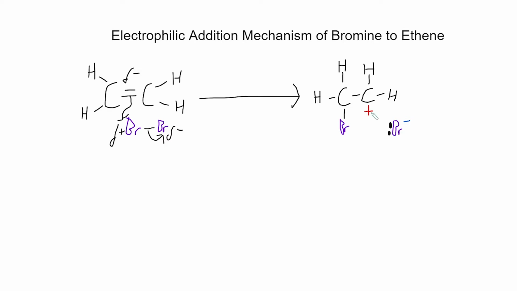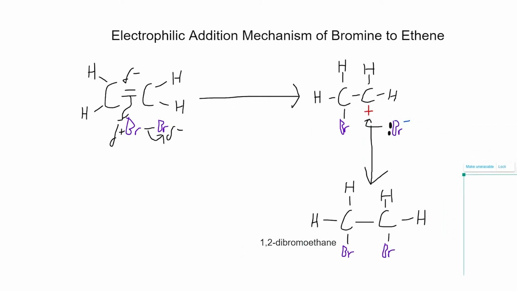We draw another curly arrow from the electron pair to the carbon atom to show where that electron pair is going. And then we can add another straight arrow to point us to the next stage of the reaction, the final product, which is a single molecule of 1,2-dibromoethane. We really nailed that.